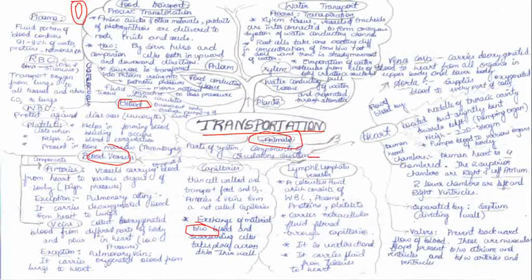So let us study the next part of the circulatory system, that is lymph and the lymphatic vessels. What is lymph? Lymph is a colorless fluid that contains WBC, plasma, proteins and platelets. You might ask what the difference is between lymph and blood.